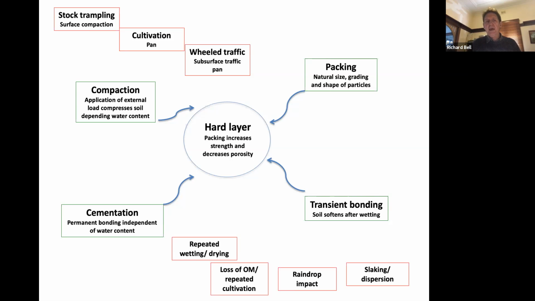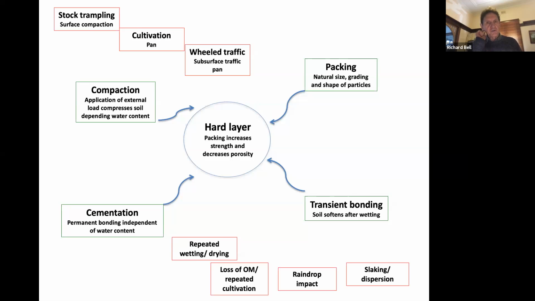So that commonly happens on soils when they wet up with the first winter rains, and that's often expressed in a layer that's perhaps a few millimeters, 5 millimeters thick, which when it dries forms a hard crust on the surface. Dispersion is a bit different.